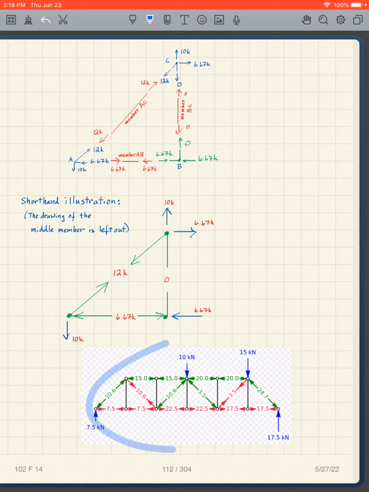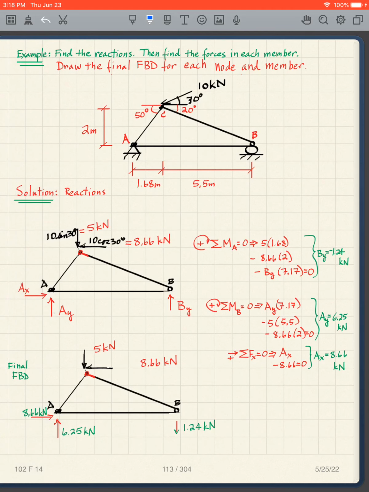In this particular case, if you look closely, they have color-coded everything. The green ones are in compression. They're pushing on the node. The red ones are in tension. They're pulling on the nodes. Okay, I'm going to stop.